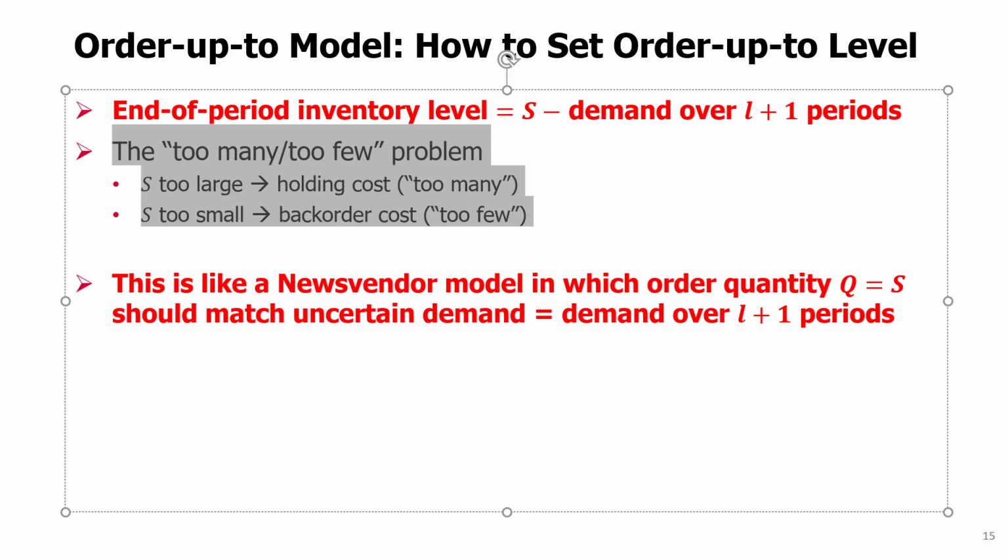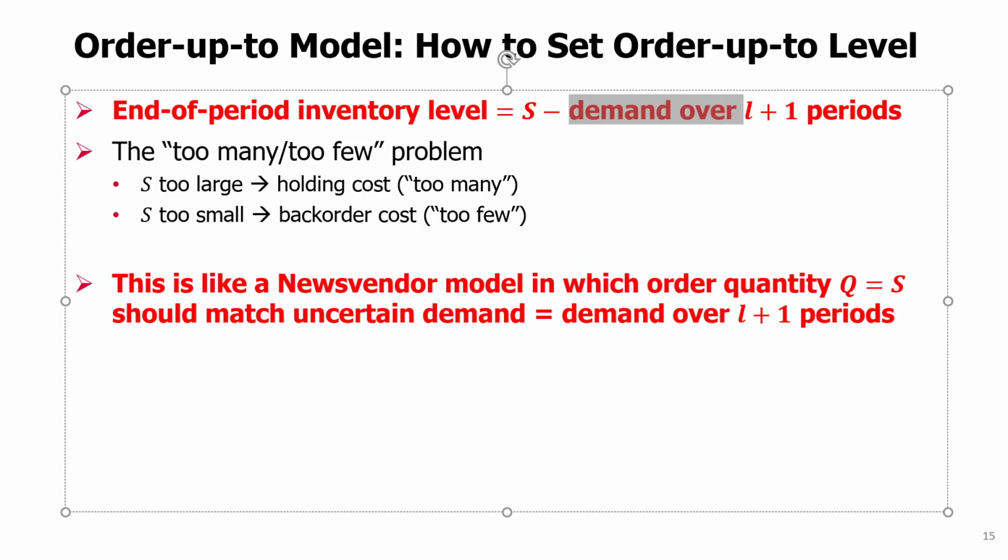And this is related to setting S such that it is matching the demand over L plus 1 periods, where there is a risk of having a cost of too large a quantity S or too small a quantity S. These are the two cases.